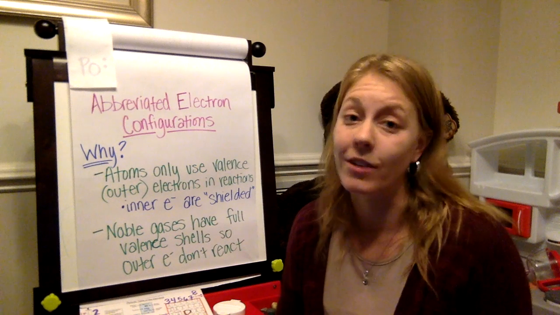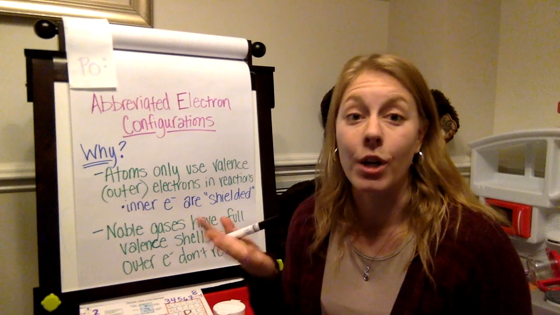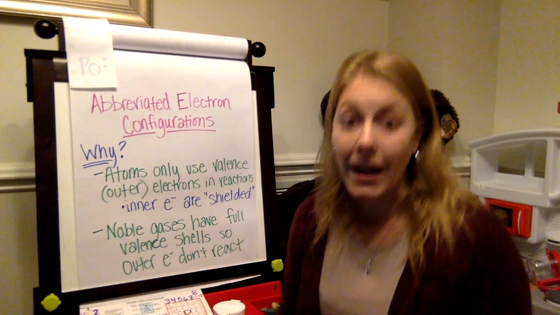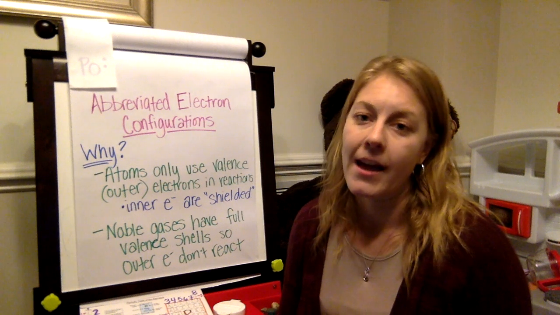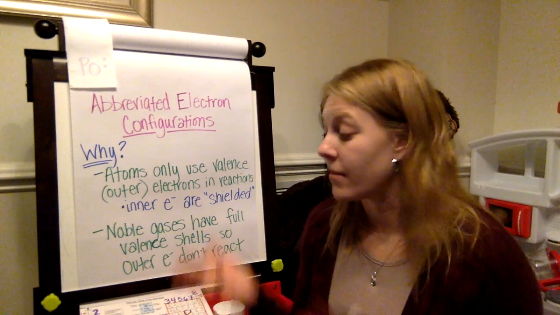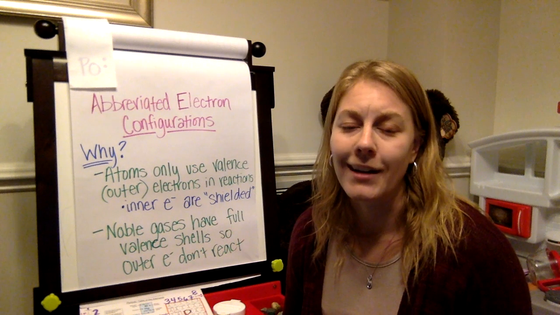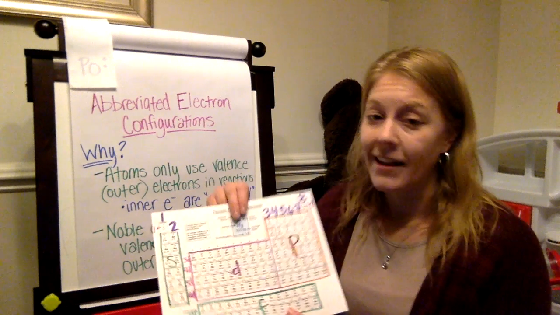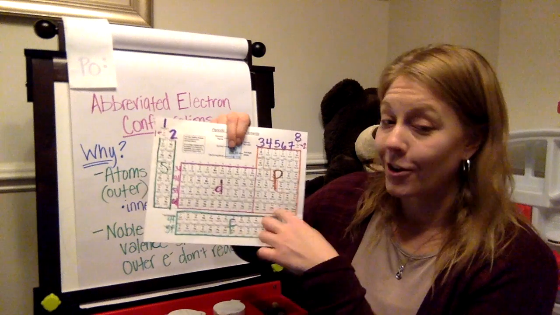The one thing that I wanted to go over in class, and since I'm not going to be there to do it on Wednesday, we're going to take a look at it really briefly right now. In your practice, you've been writing electron configurations for different atoms using the periodic table. And I know I've been having you write a lot of really long electron configurations, especially for atoms further down on the periodic table.